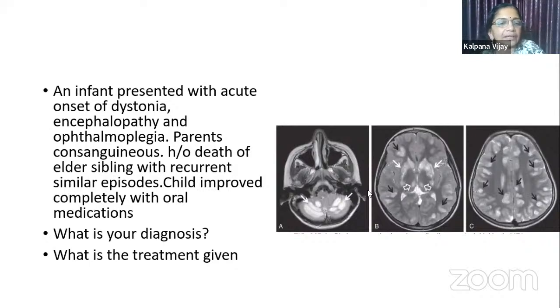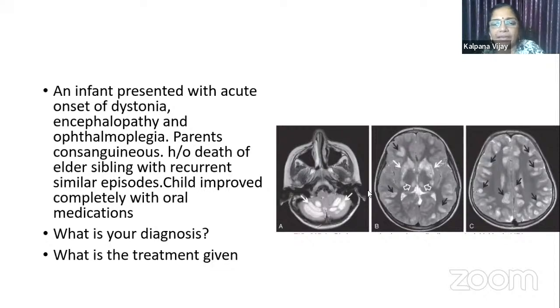If the history of death and consanguinity were not there, then other possibilities could be like ADEM, because the basal ganglia is affected, as well as the brain white matter and some gray matter. Cerebellum is also affected, but here the lesions are very symmetrical. Whenever the lesions are symmetrical, think of some metabolic abnormality. So this is biotin and thiamine responsive basal ganglia disease.